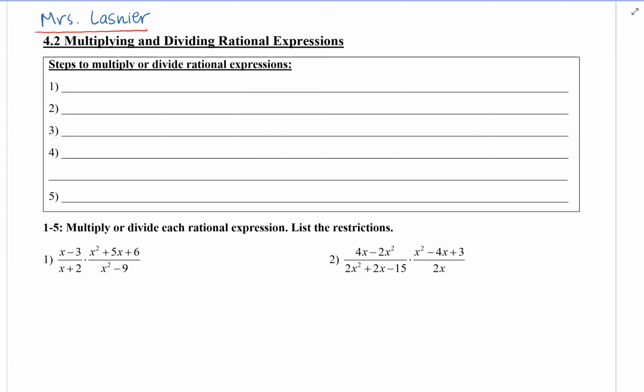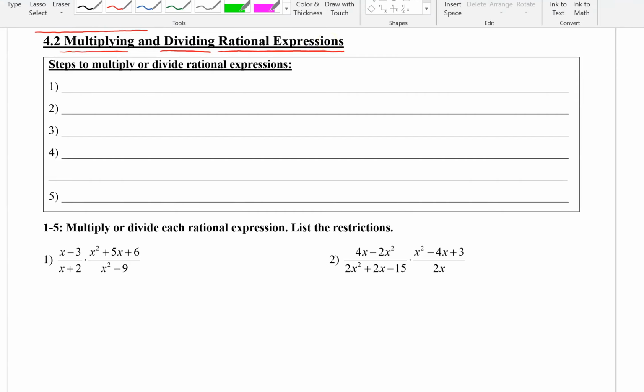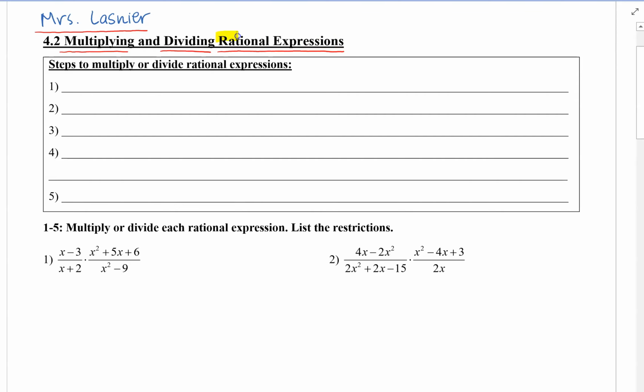So what are we doing in section 4.2? We are now moving on to multiplying and dividing rational expressions. So you saw this name back in section 4.1, rational expressions, and you may be wondering, what is that? Notice it has the word ratio embedded in there. That word ratio is referring to a fraction.